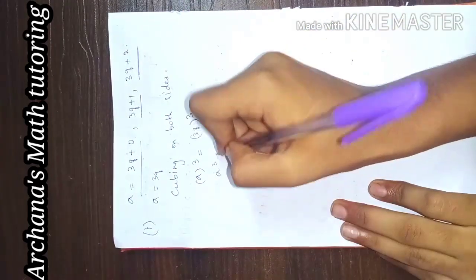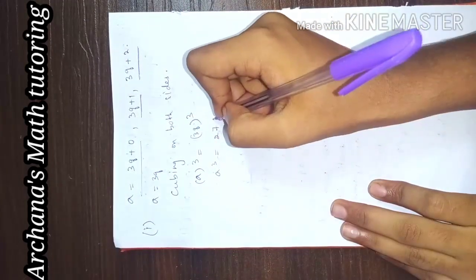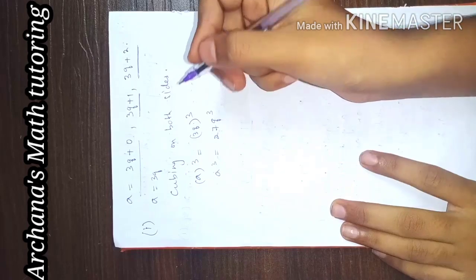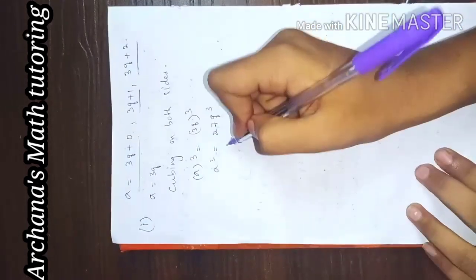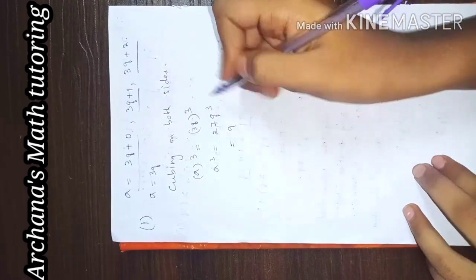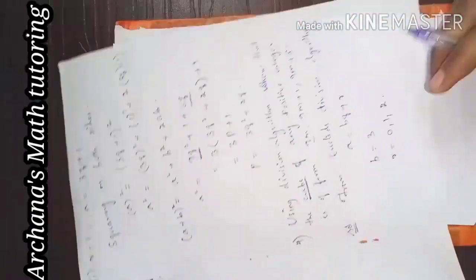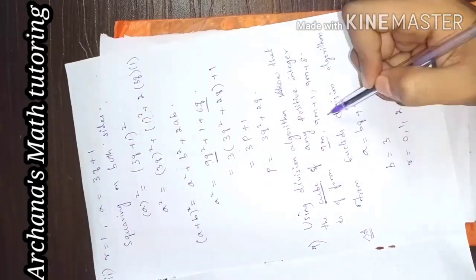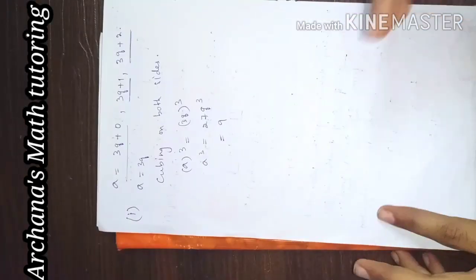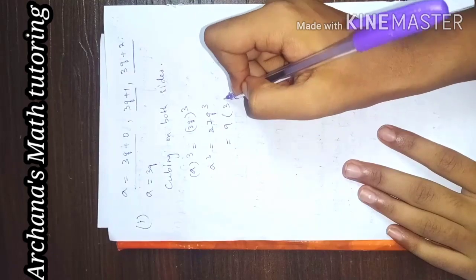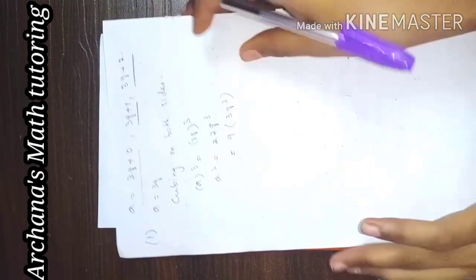So a cube is equal to 3 into 3 is 9, 9 into 3 is 27, 27 q cube. Now we should get this in the form of 9 into something. So you should take 9 common from here, because he mentioned that it should be in the form of 9m, 9m plus 1 and 9m plus 8. So you should take 9 as common. 9 into 3 is 27 and q cube is as it is.